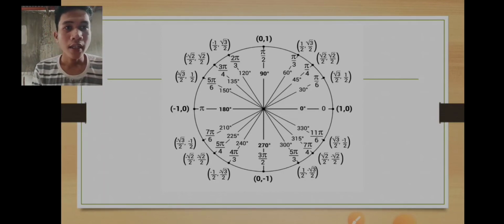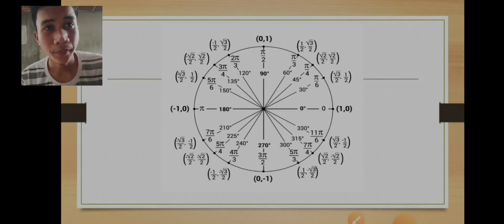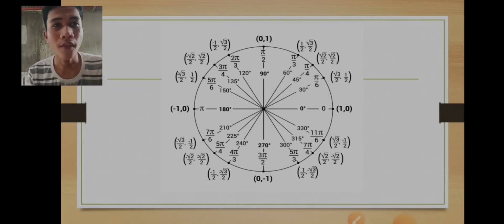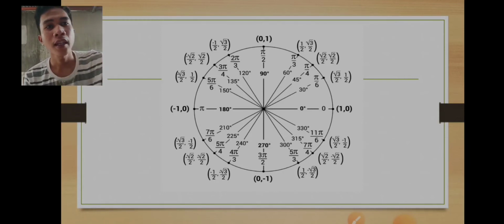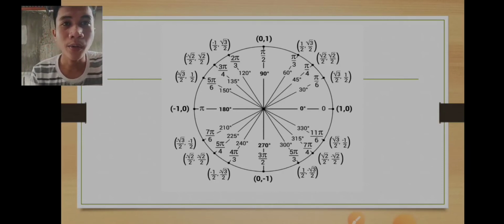At 60 degrees or pi over 3, the cosine is 1 half and the sine is square root of 3 over 2. And at 90 degrees or pi over 2, the cosine is 0 and the sine is 1.